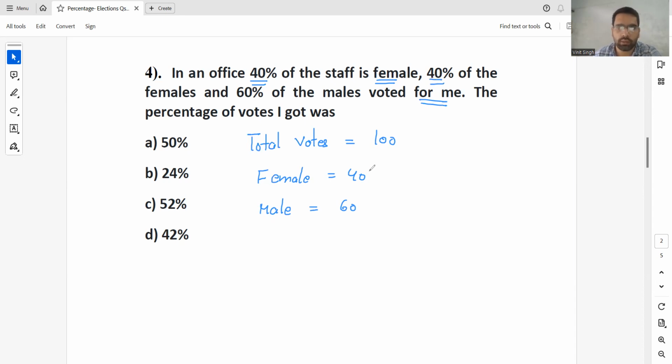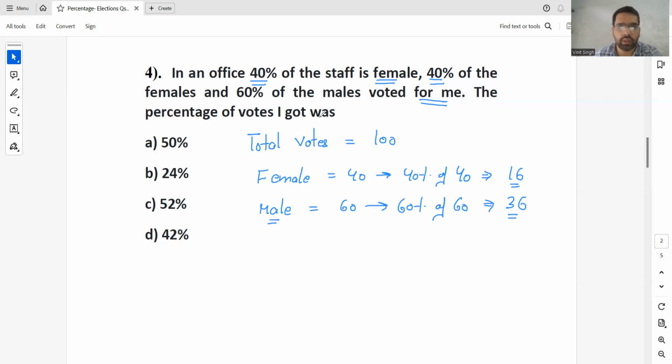40% of the female. So here 40% of 40, which is equal to 16, and 60% of 60, which is equal to 36. Now, I got 16 votes from the female and 36 votes from the male.